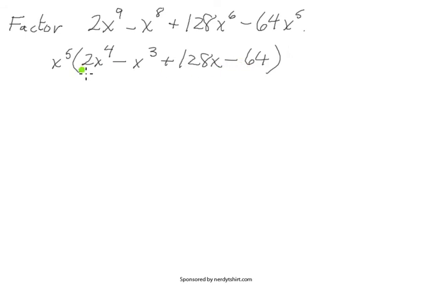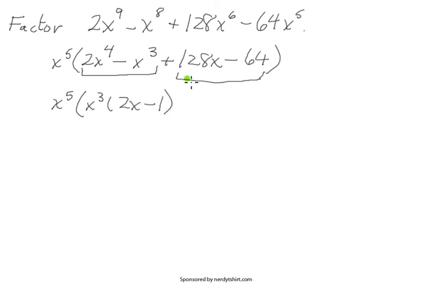So attempt the standard stab at the grouping approach by just taking your polynomial and splitting it into a couple halves, a first half versus a last half, and see if you can perform little greatest common factorizations on each of those two groups. So if you look at doing that here, this first little group, you can get an x cubed out, and that leaves behind a 2x minus a 1.